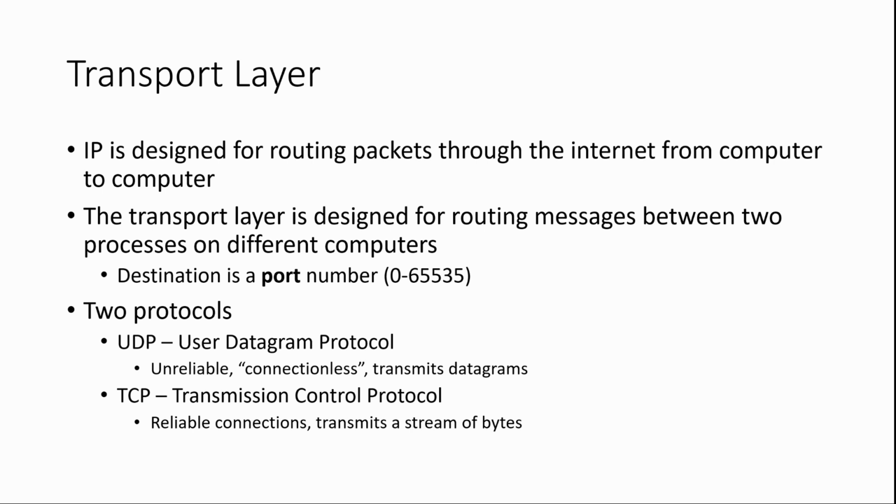Now, there are two transport layer protocols that are widely used: User Datagram Protocol, also known as UDP, and Transmission Control Protocol, TCP. UDP is a very thin layer on top of IP, essentially adding just the port. TCP, on the other hand, requires the network to deliver every byte in order to the recipient.